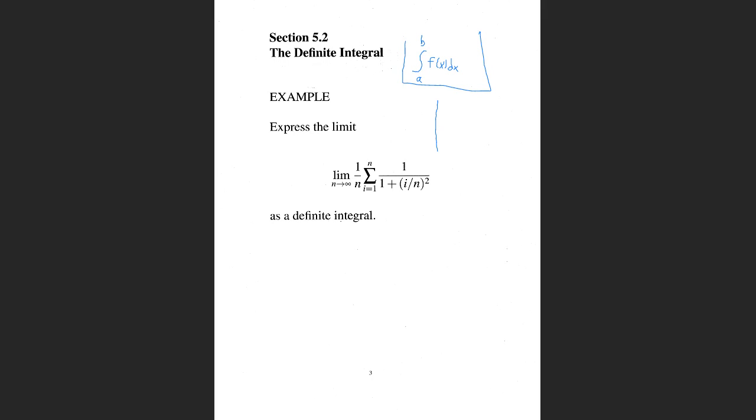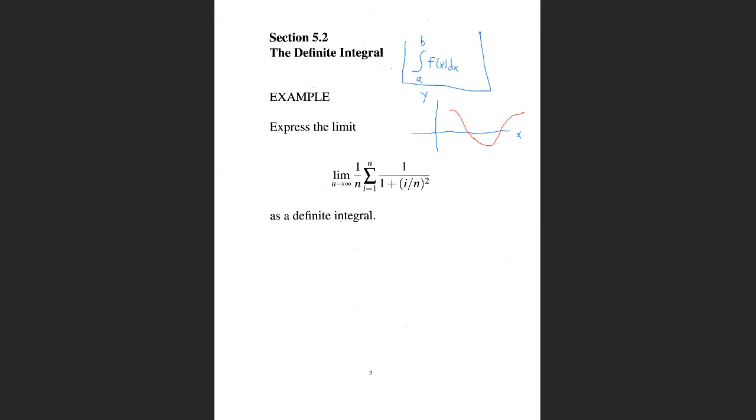Okay, so pictorially, and I know you're going to copy the example down, but I'm just going to talk about this for a moment to refresh your minds. So you could have a function like this.